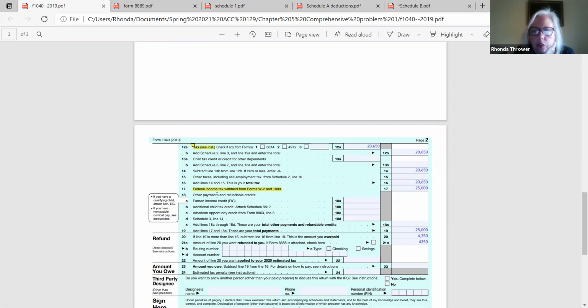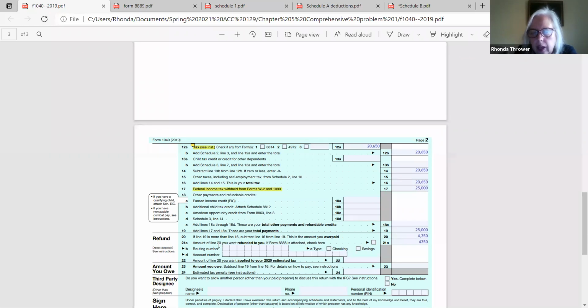And then we're going to look to see on the form W-2 how much tax was actually withheld from his paycheck during the year. And on form W-2 in box 2, it says there was 25,000 that he's paid in taxes through the W-2 form, or his employer has taken it out of his paycheck, 25,000. And none of this applied to us, so we're just going to go on down to line 19, which is adding line 17 and 18E together, which is still 25,000.